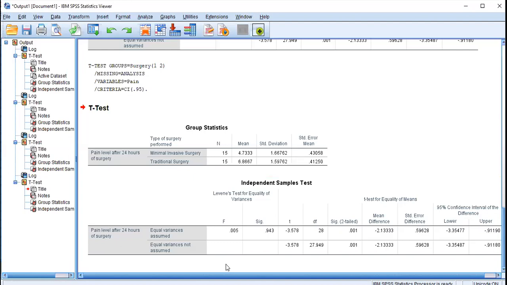Patients undergoing minimal invasive surgery (M = 4.73, SD = 1.67) suffer significantly less pain as compared to patients undergoing traditional surgery (M = 6.87, SD = 1.6), t(28) = 3.578, p < 0.001, sorry, p < 0.05, d = 0.98.